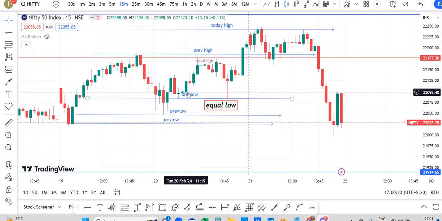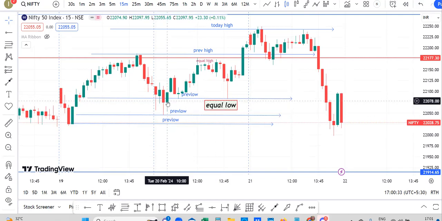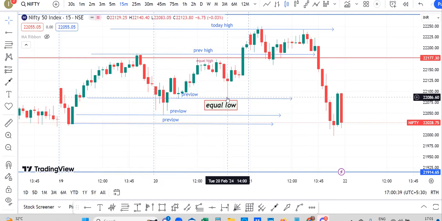On the same day, there was a drastic correction to the low, almost to the low of 22,087 around 2 p.m. There, the market tried to make a high of 22,162 twice, making an equal high, and it corrected, and there was a huge pullback around 3 p.m.